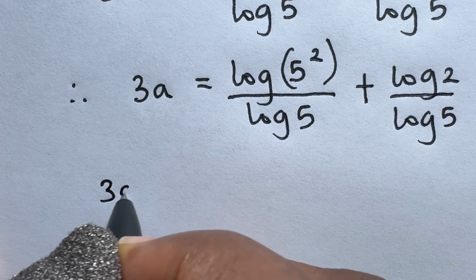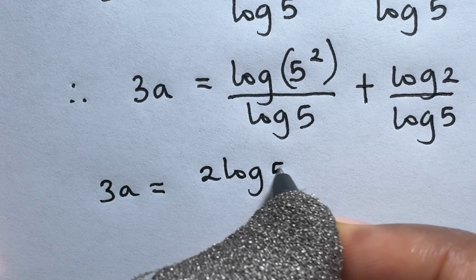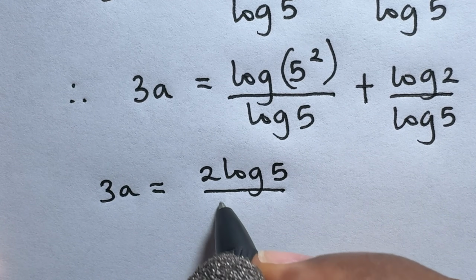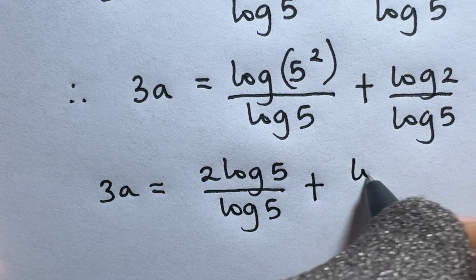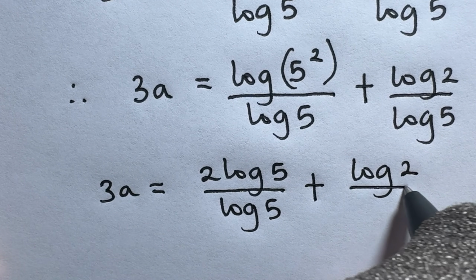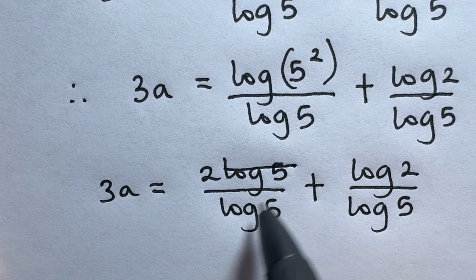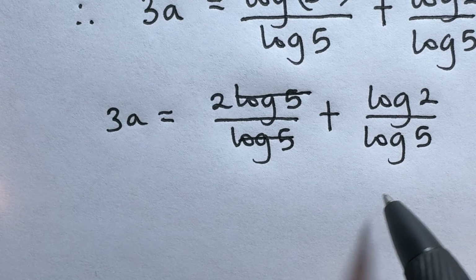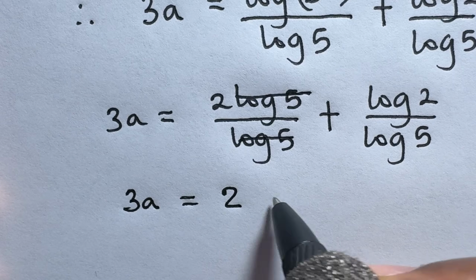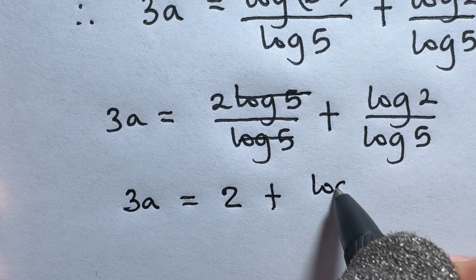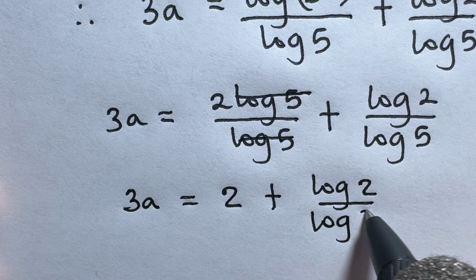This will give us 3a is equal to 2 times log 5 divided by log 5 plus log 2 divided by log 5. Log 5 will cancel log 5 here, giving us 3a is equal to 2 plus log 2 divided by log 5.